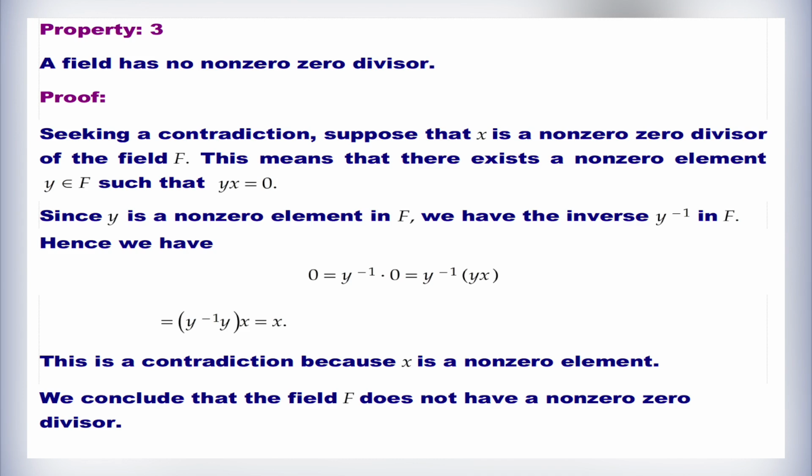Since y is a non-zero element in F, we have the inverse y inverse in F. Hence, we have 0 equal to y inverse into 0, that is equal to y inverse into yx, since yx equal to 0. By associativity, it can be written as y inverse y into x. Since y inverse y equal to 1, that answer is x. This is a contradiction because x is a non-zero element. We conclude that the field F does not have a non-zero zero divisor.